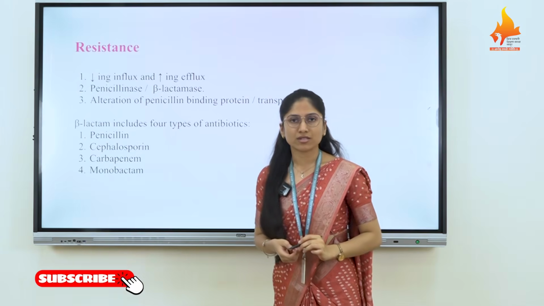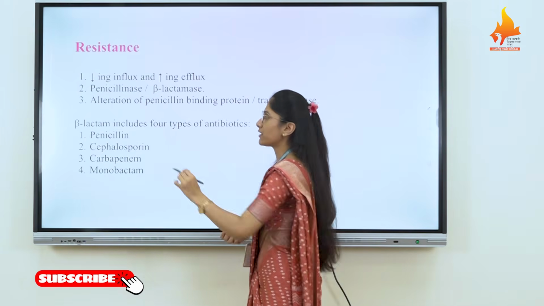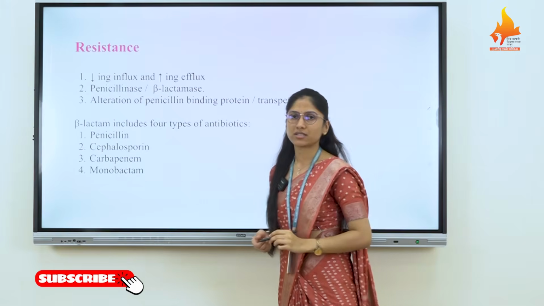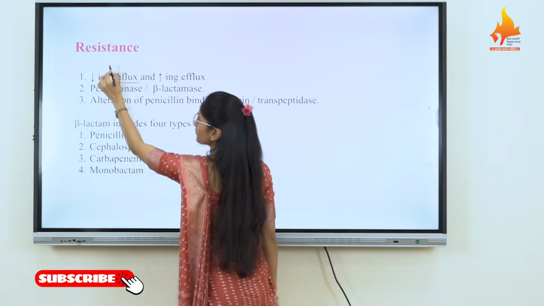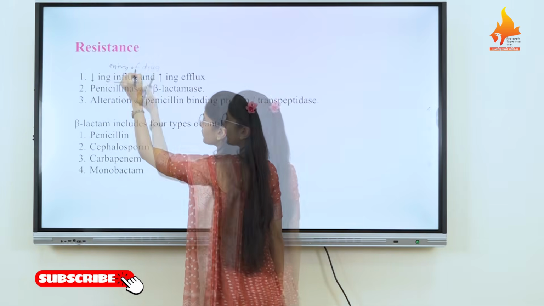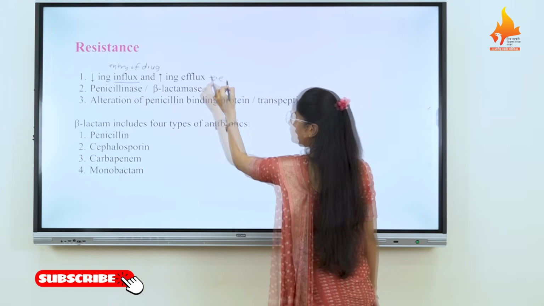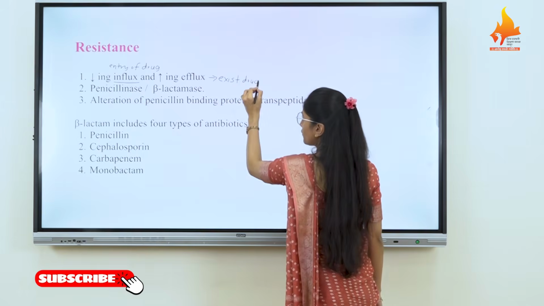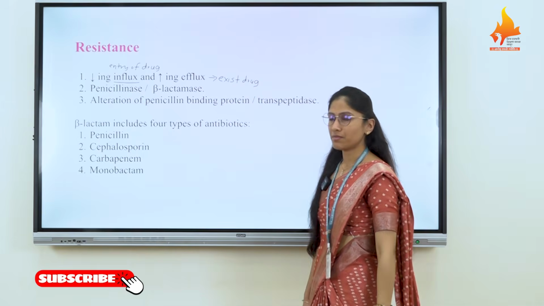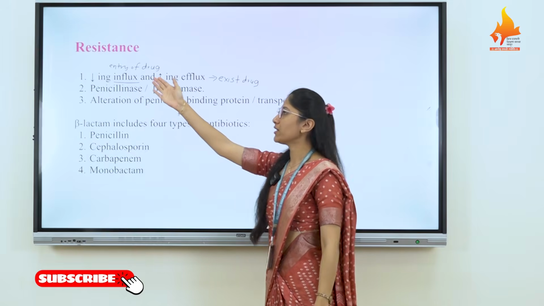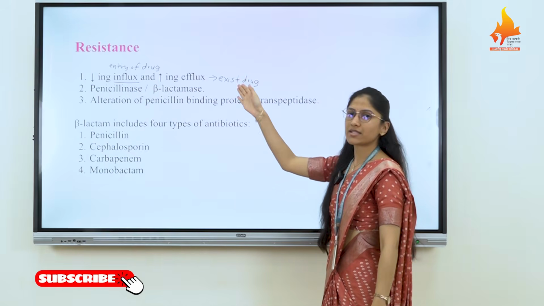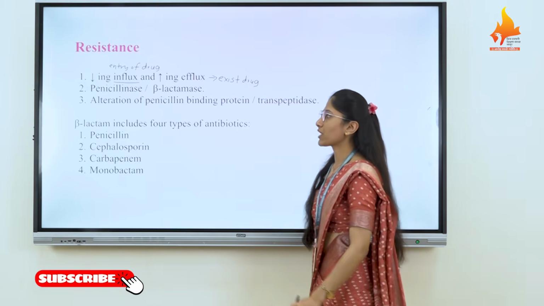Then we see the resistance. First resistance is decreasing influx and increasing efflux. Influx is the entry of the drug and efflux is the exit of the drug. So in the first resistance mechanism, we decrease the entry of that particular drug and increase the exit of that particular drug.